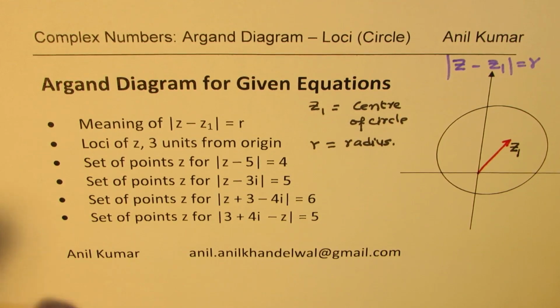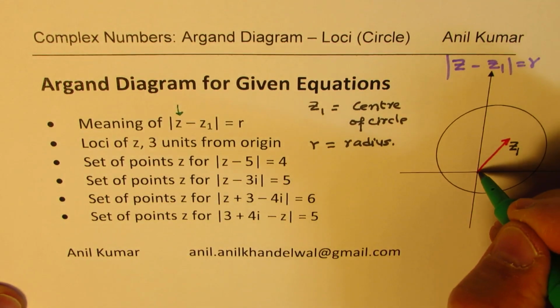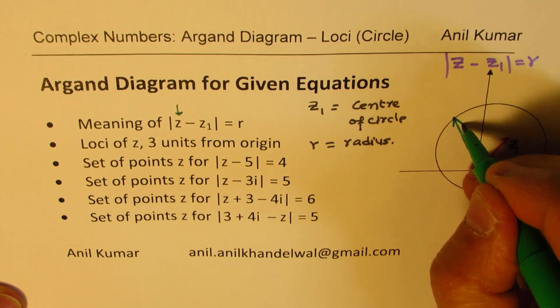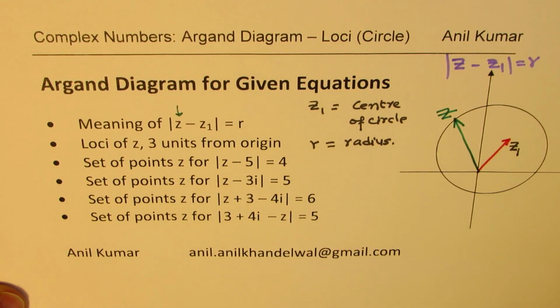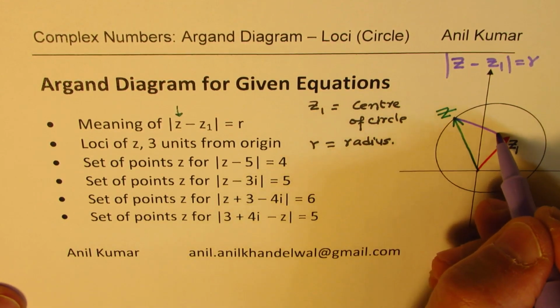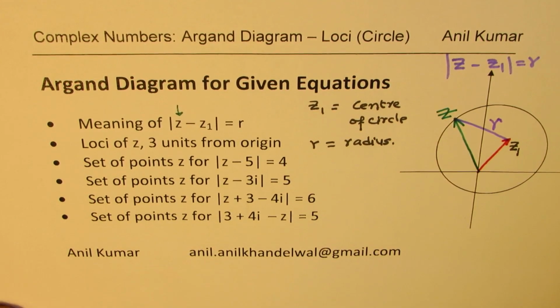And when we say z, that means any point on this circle. So there's a set of points which is this z, right? And r clearly is the distance between the two. Okay. So this is r for us. Perfect. So I hope it is absolutely clear.